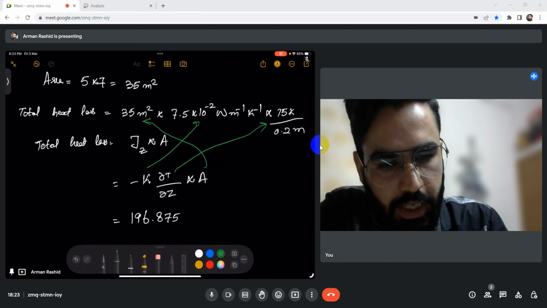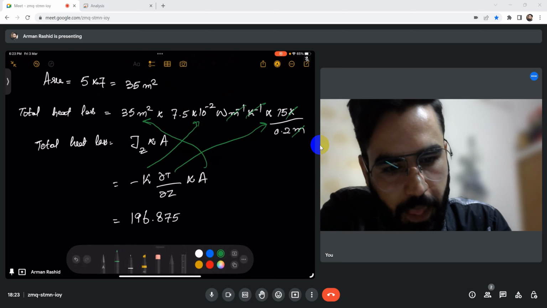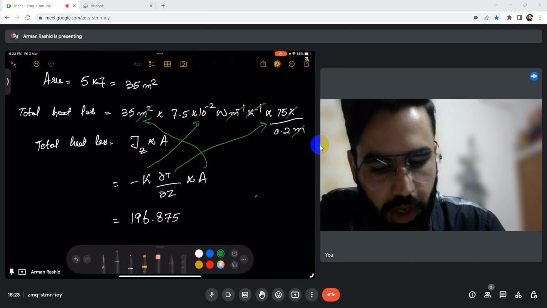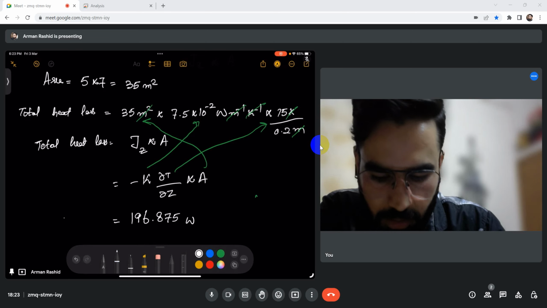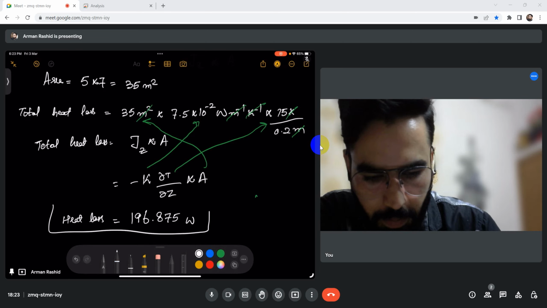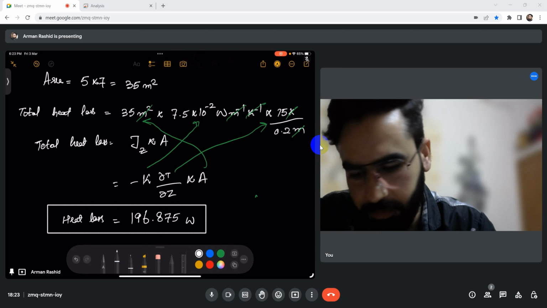We know that Kelvin and per Kelvin will cancel, meter and per meter will also cancel, and meter square will cancel as well. So what are we left with? We are left with watt, which is the actual form of energy. So the total heat loss will be this much, and that solves our question.